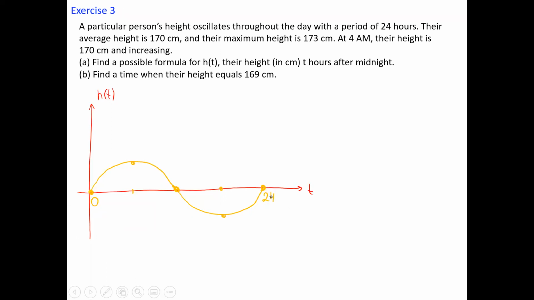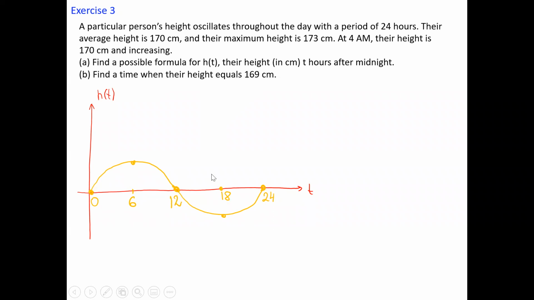If this is 24 hours, halfway we will have 12 hours. The maximum height will happen in the middle, at 6 hours, and the minimum at 12 plus 6, 18. So it's important to use that scale: 6, 12, 18, 24.